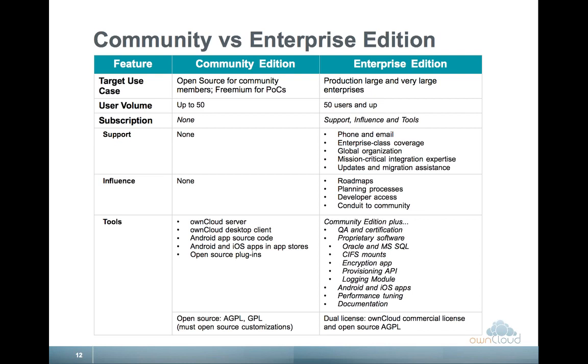Obviously, if your user volume is under 50 users, you may be a candidate for the Community Edition. However, we'd like to talk to you about it because there are a lot of features and functionality in the Enterprise Edition that we think could provide some level of value for you, even in a small deployment. But really what we want is for you to take away the differences and some of the broad strokes around what bucket you might fall into.